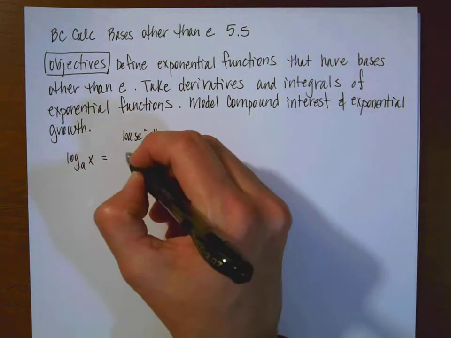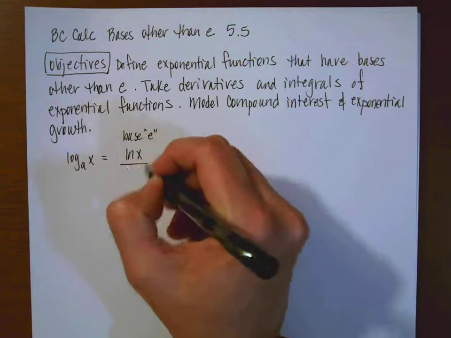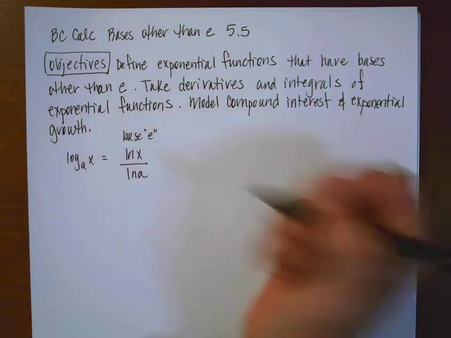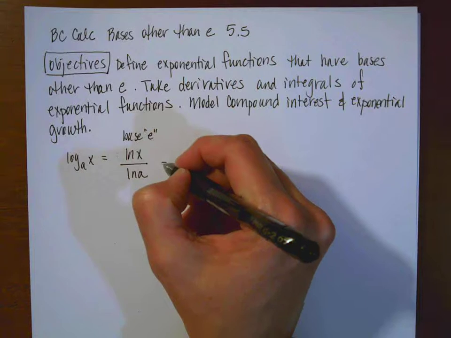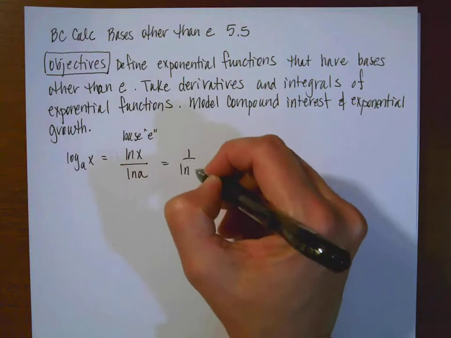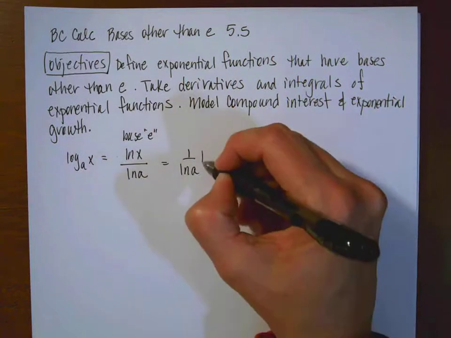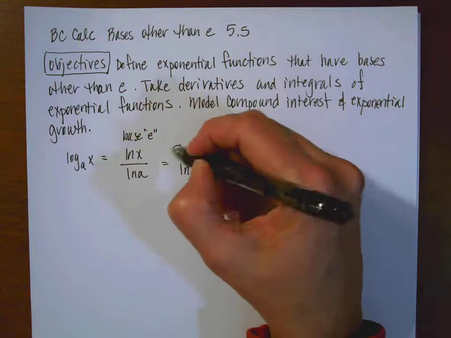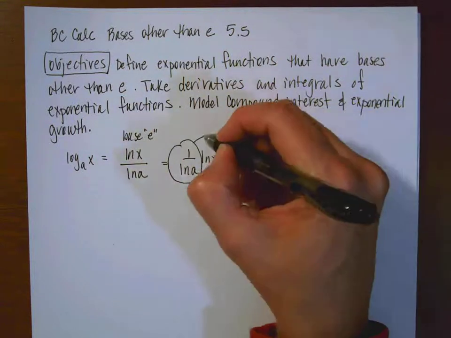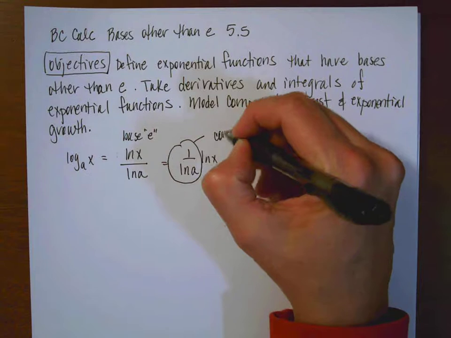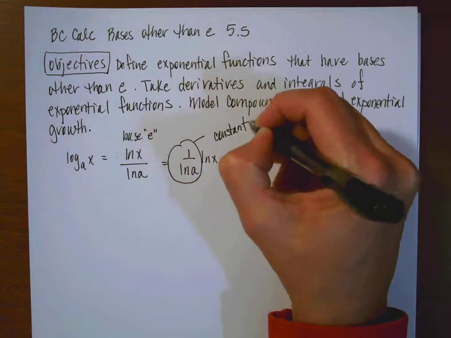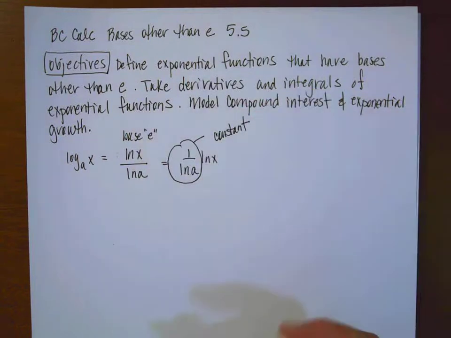Then I could rewrite this as the natural log of x over the natural log of a. But because a is a value, you could also write this as 1 over the natural log of a times the natural log of x, and this becomes a constant because it is just the natural log of a value.